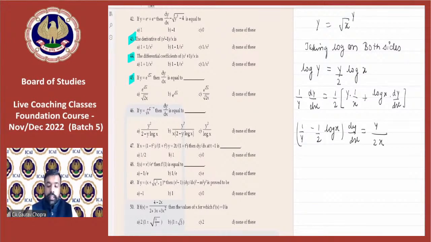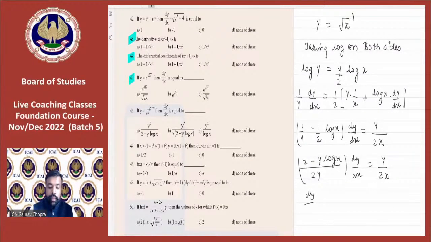Then we can take LCM. What is the LCM? 2y. So it is 2 minus y log of x, dy by dx is equal to y upon 2x. Now the next step is doing the cross multiplication.